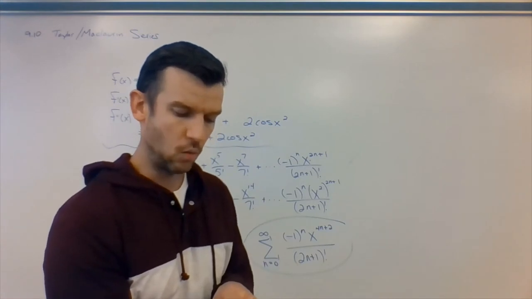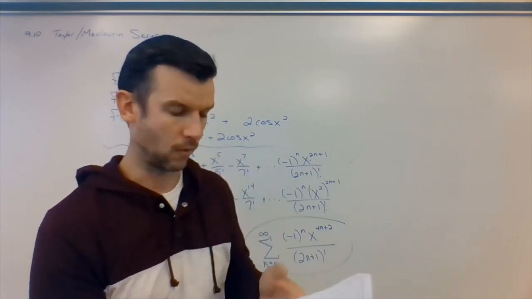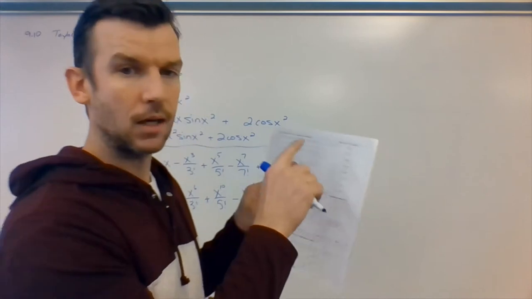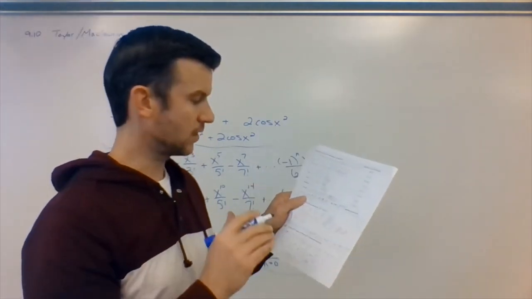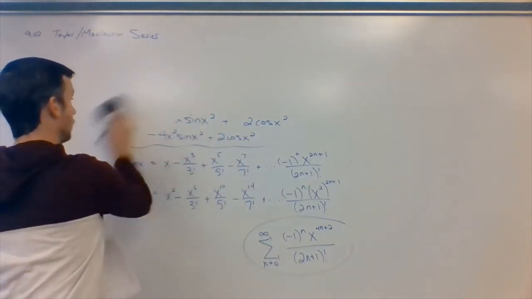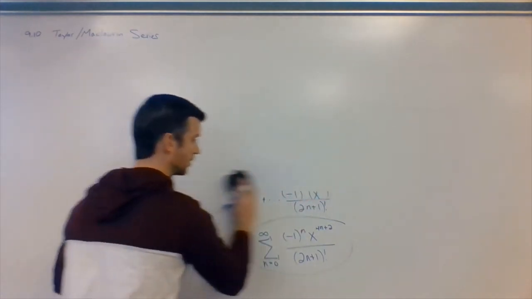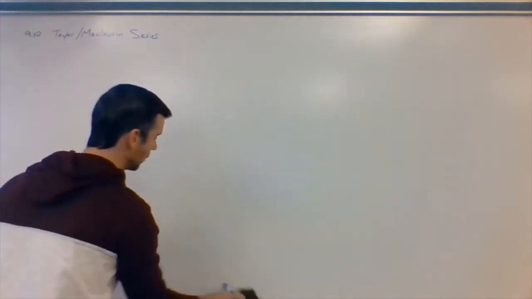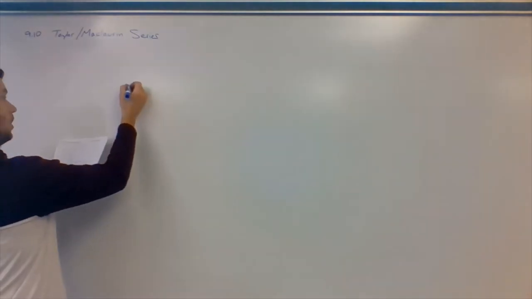Example 5 deals with a 1 plus x to the 1/3 power. And you see at the very bottom of the boxed in series, we have a series that represents 1 plus x to a power. So I'm going to just use the known series. If I have it memorized, it's not a bad pattern, guys.